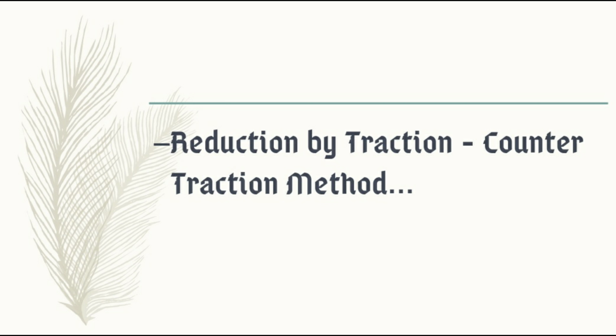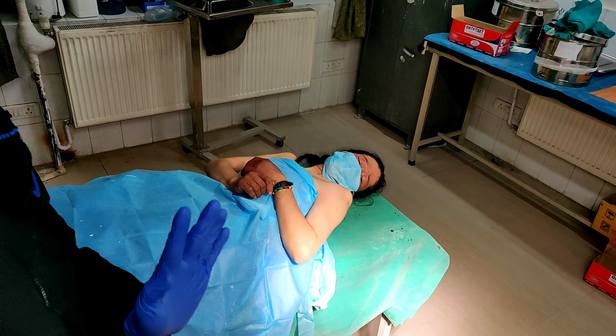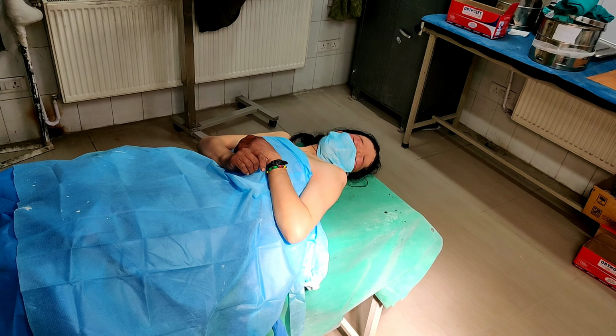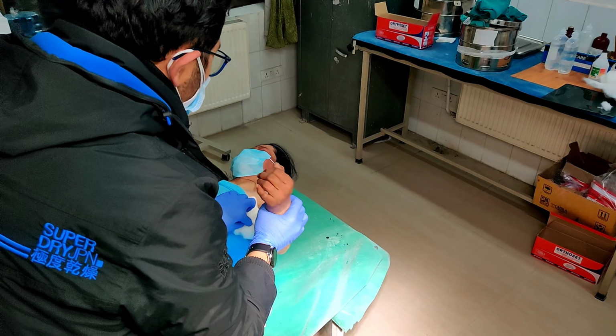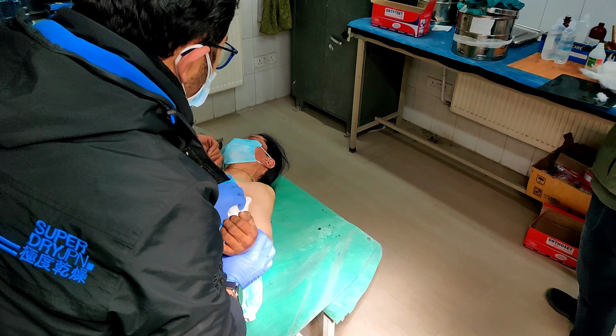Now I shall demonstrate closed reduction of anterior shoulder dislocation by Madsen's traction counter-traction method. The patient is placed supine on a table, and here I am putting a cotton ball in the patient's axilla.